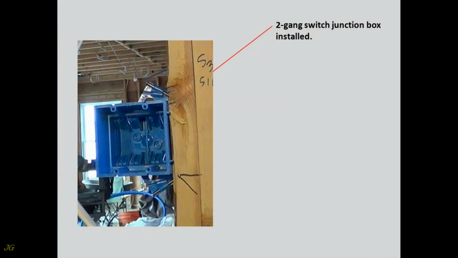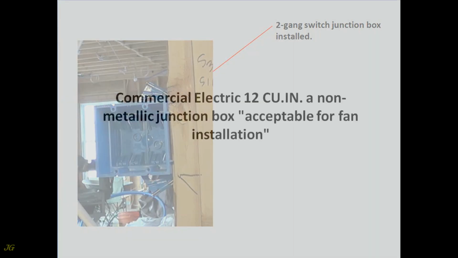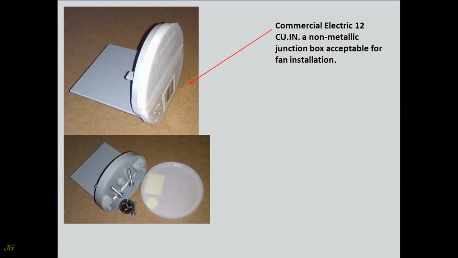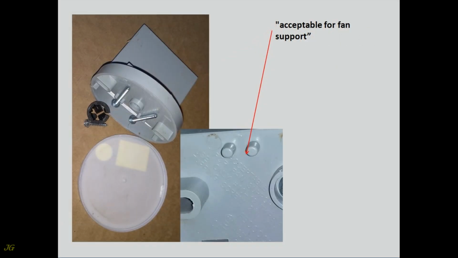Two-gang switch junction box installed. Commercial Electric 12 cubic inches non-metallic junction box, acceptable for fan installation. Acceptable for fan support.